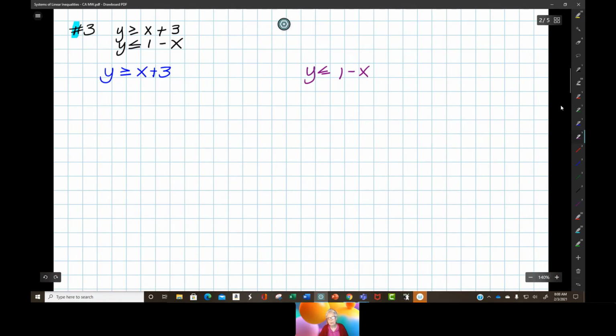And for those of you who don't really like math, you might as well do whatever it takes to make it more fun. I am going to treat each of these with the two-step method. So step 1, y equals x plus 3. I find 2 points.